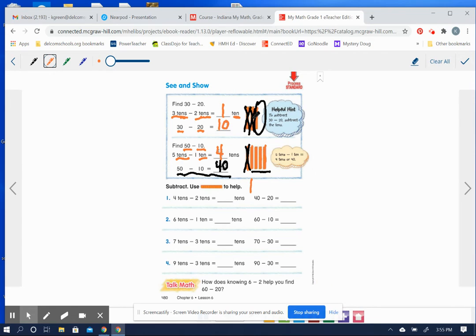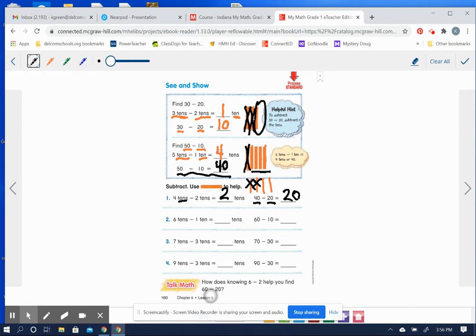That would be the same as four tens minus two tens, put an X on two of them, and we're left with two tens. Now four tens is the same as 40, two tens is the same as 20, and it equals two tens, and so that's also 20. Okay, because you know 4 minus 2 equals 2.